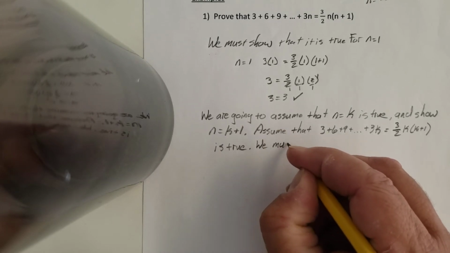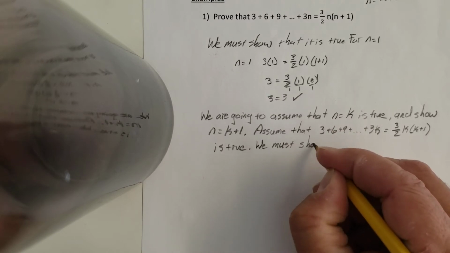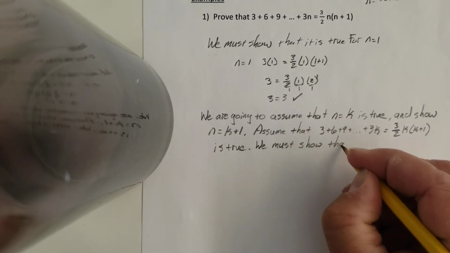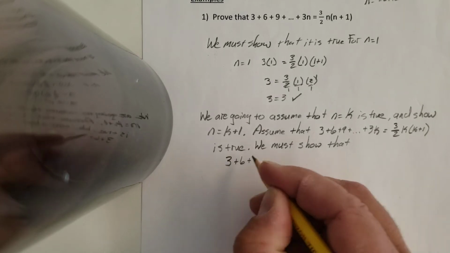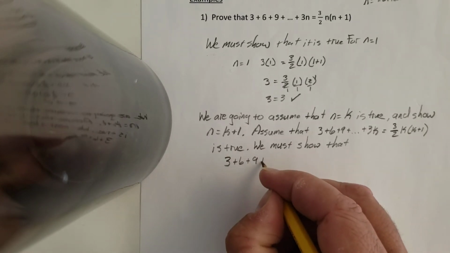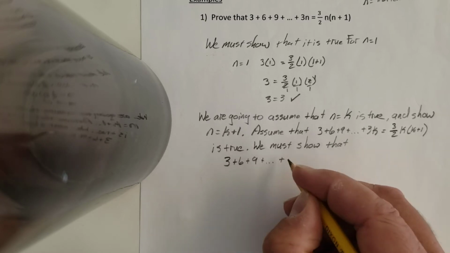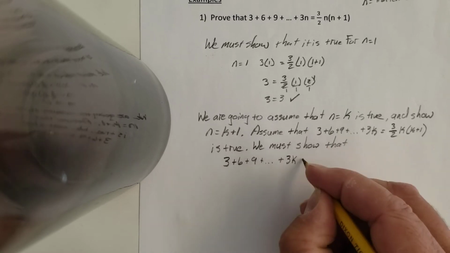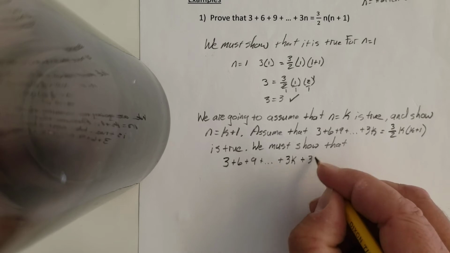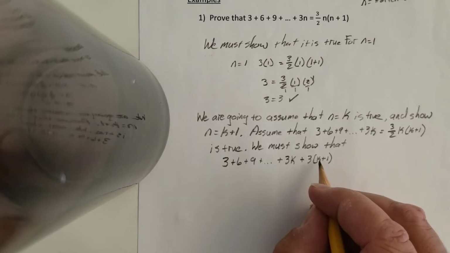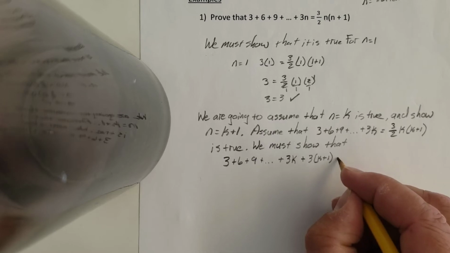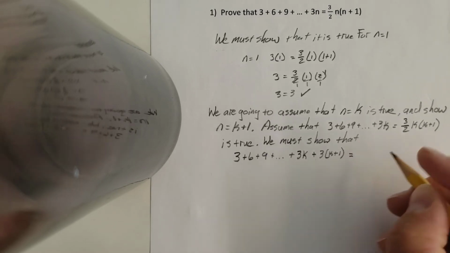We must show that 3 plus 6 plus 9, and on, 3k plus 3 times k plus 1. We're going to the next step. If we can show that these are the same, that will continually work.